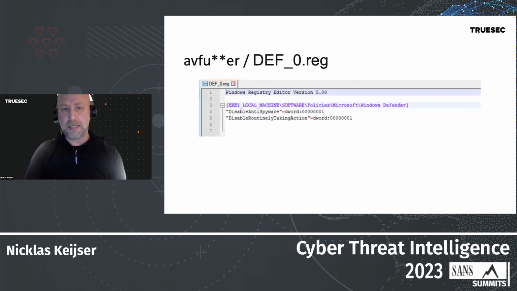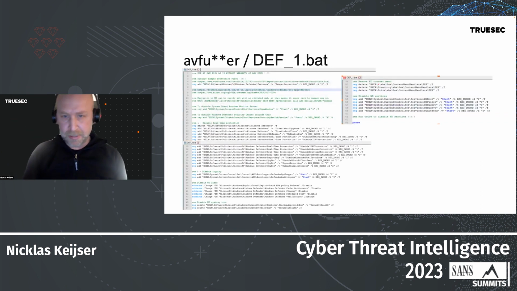Some of the other scripts they had disable Defender, and they had a bunch of them. When you look at ransomware, you always see these kinds of commands shooting out, and now we got them all gathered, which was interesting.